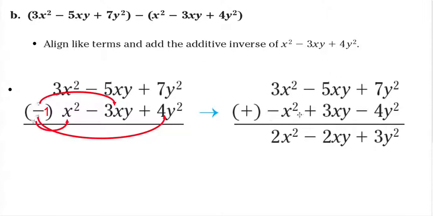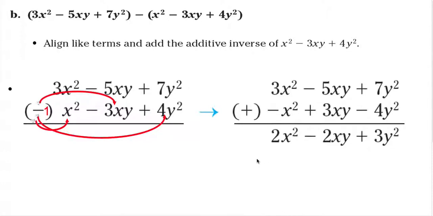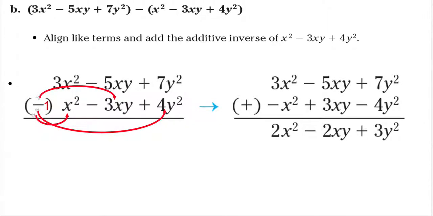And then you simply subtract: 3x squared minus x squared is 2x squared. Negative 5xy plus 3xy is negative 2xy. And 7y squared minus 4y squared is 3y squared. So the difference of those two polynomials is 2x squared minus 2xy plus 3y squared.